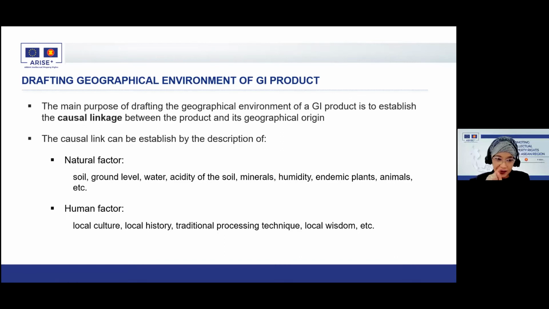The causal link can be established by the description of natural factors: soil, ground level, water, acidity of the soil, minerals, humidity, endemic plants, animals, etc., and or human factors: local culture, local history, traditional processing techniques, local wisdom, etc.